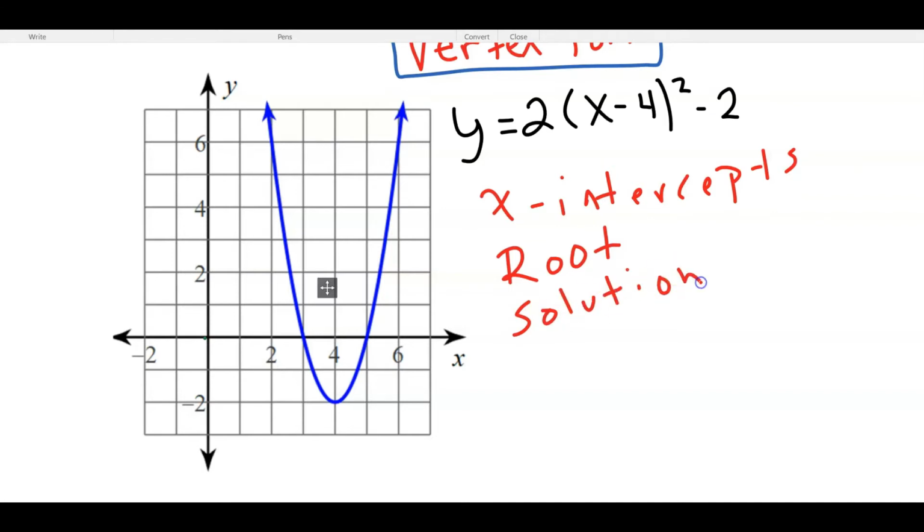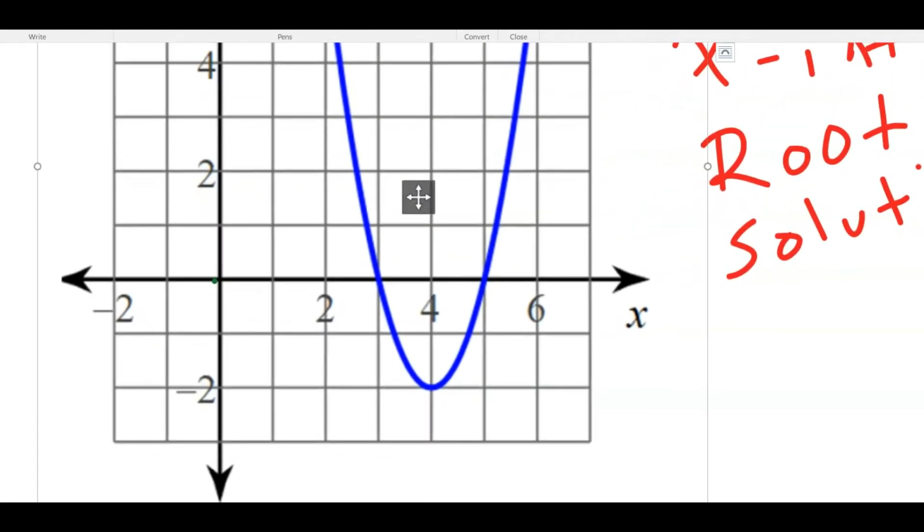There are different things that they're going to call it, but it all means the same thing. So when we're looking for x-intercepts, we're just looking for where this graph crosses the x-axis, and this one crosses at a specific place. It actually crosses at the point where x equals 3, and if I was given that as a point, I would say that's at the point (3, 0).